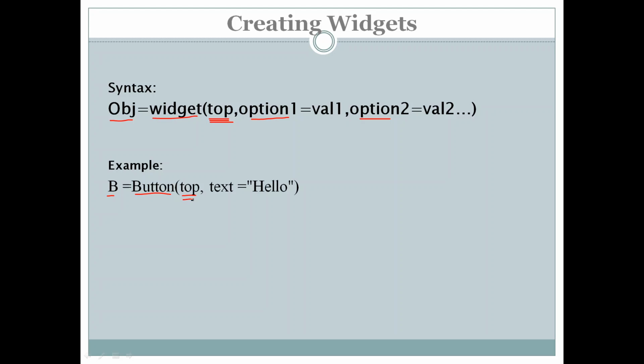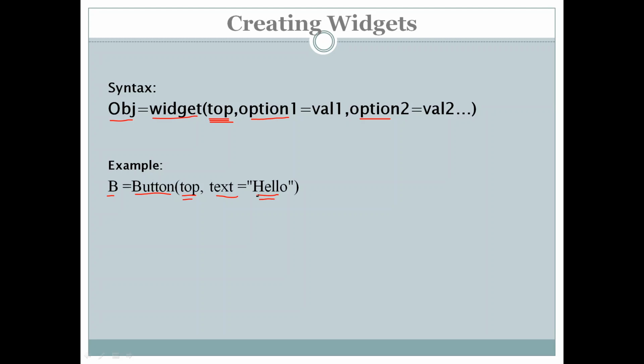This is the reference of the top level window, and only one parameter we have passed. The name of the parameter is text, and the value is hello. That means this value is displayed on the button. Whenever you specify the text parameter, the value included in it is displayed on the button. Okay, so this is how you can create a widget.